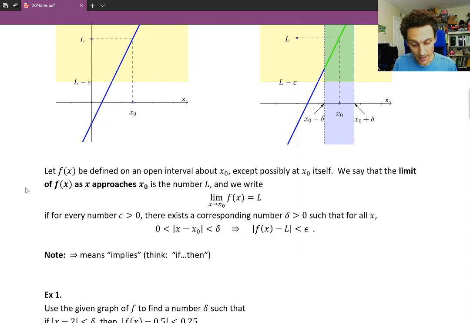So we say that the limit of f of x as x approaches x naught is the number L, and we write the limit as x approaches x naught of f of x is equal to L. That's our familiar limit notation.